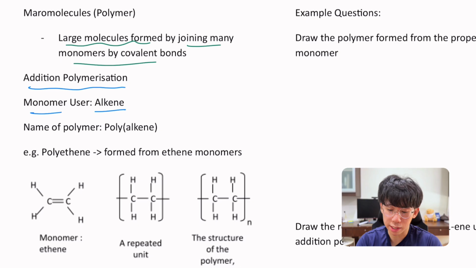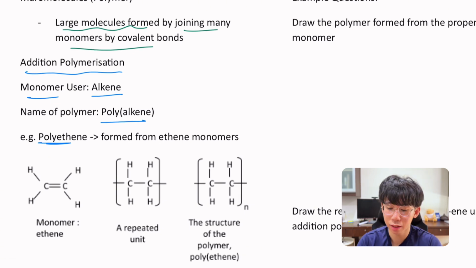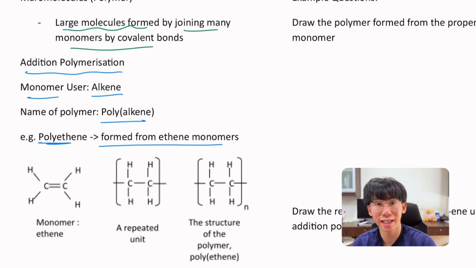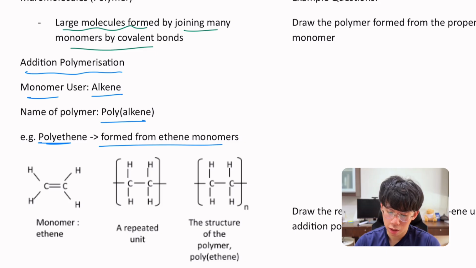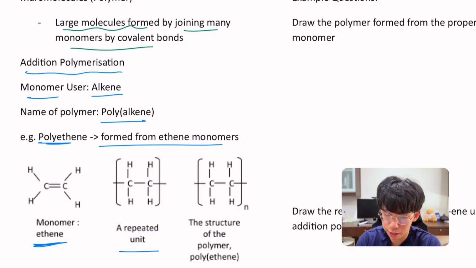The monomer you'll use is an alkene, so the typical name of the polymer is a polyalkene. So for example, your polyethene is actually formed from your ethene monomers. How it starts off is we have the ethene monomer, and there are two things we can mainly draw. One is a repeated unit, as shown over here, which is a single unit.